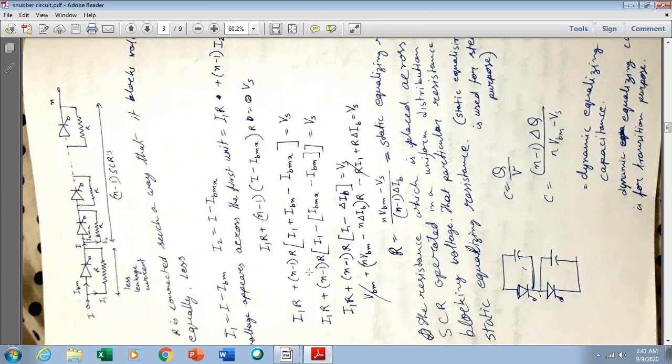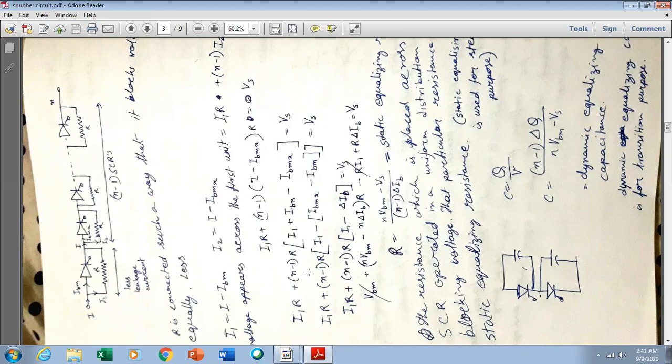So we are getting several SCRs in combination with different structures. In the first combination, the less leakage current is there, and the rest are n minus 1 SCRs. So here I1 is equal to I minus IBM. I2 is equal to I minus IBMX.